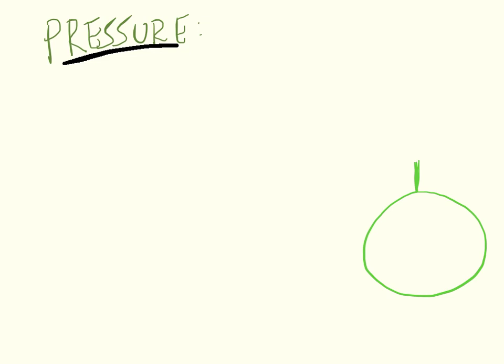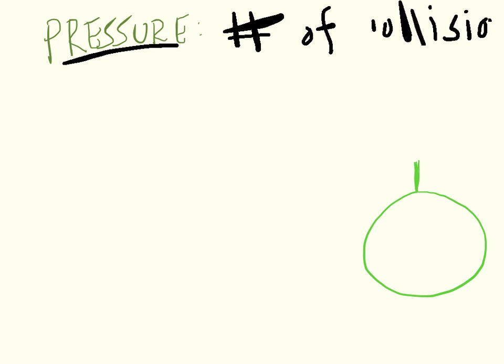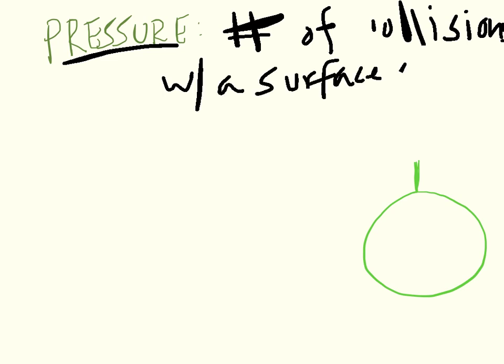I feel pressure to do well in school, pressure from my parents, etc. But when we're talking about gases, the pressure that a gas exerts is basically a measurement of the number of collisions with a surface of an object.